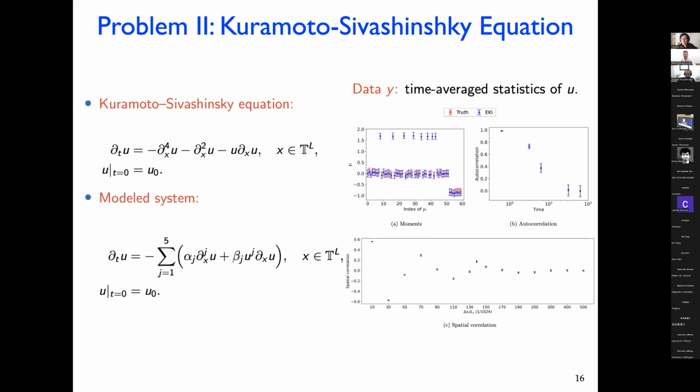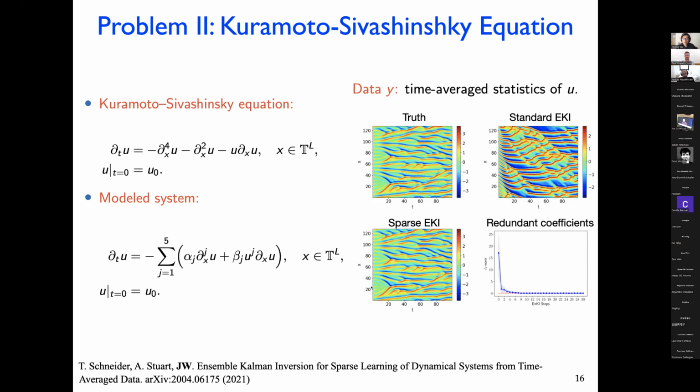The results correspond to the sparse EKI, but the standard EKI achieves similar agreement with the true time average statistics in data space. But when we try to simulate the calibrated system using standard EKI and sparse EKI, we can see that the dynamics of standard EKI show a noticeable difference from the true system, but the sparse EKI gives us a much better agreement with the true system.